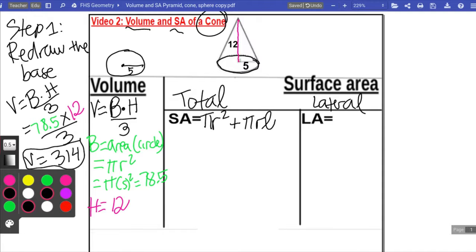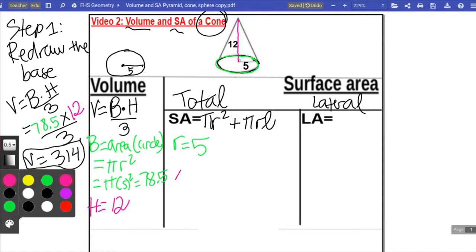First things first, let's find the radius, r. We are still using this circle right here. The radius is given, done deal. If it was a diameter, you divide the diameter by 2. But right now the radius is 5.